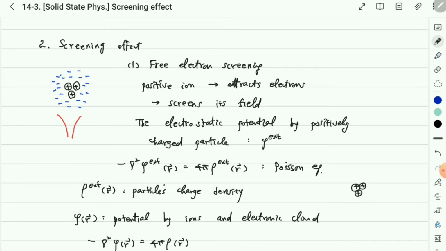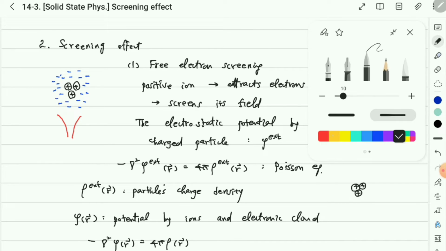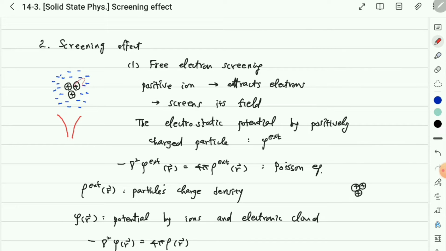It is plus and minus, and if we apply an electric field, the electronic and ion clouds can be decomposed, or make polarization, so we should think of it as a dielectric.